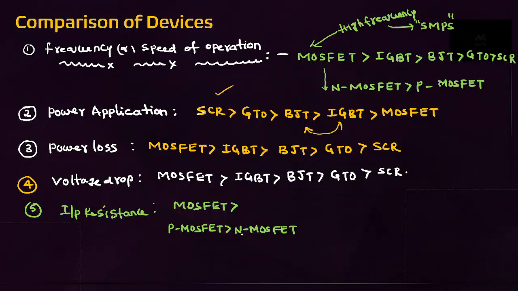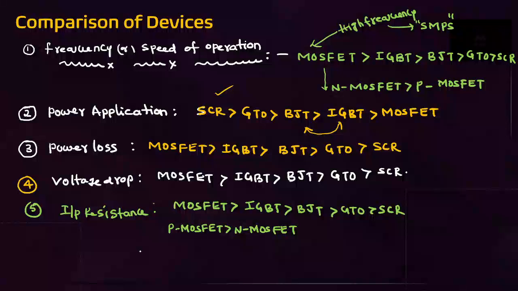Next, IGBT. Next, BJT. Next, GTO. Next, SCR. Among all the devices, SCR has the least input resistance.